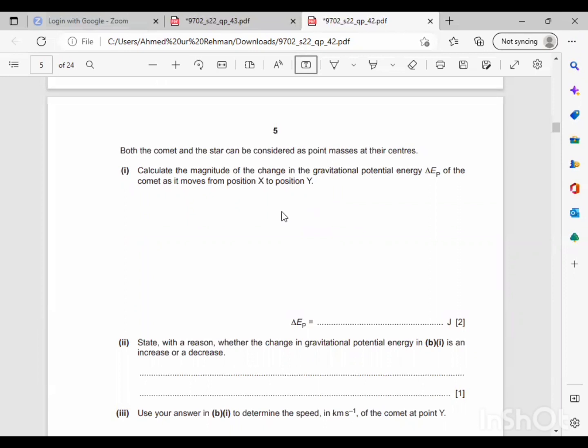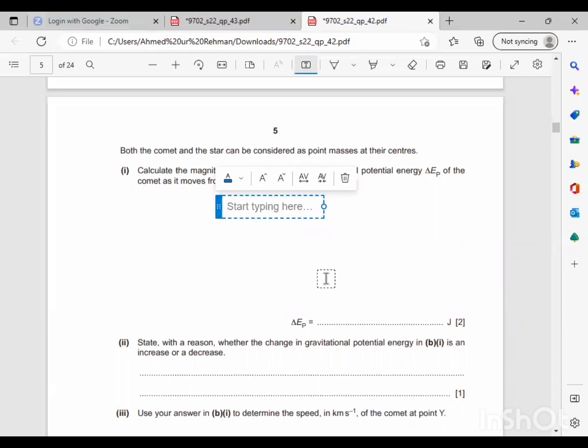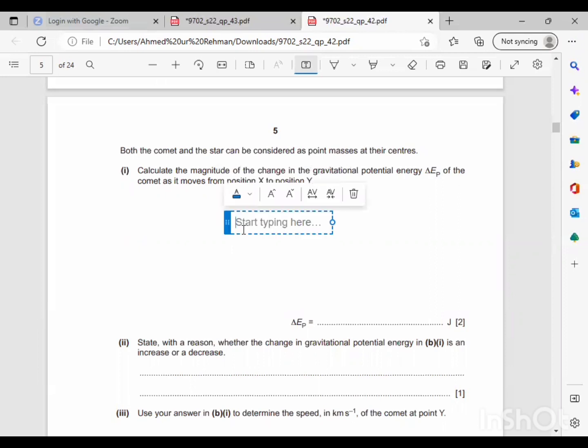Calculate the magnitude of the change in the gravitational potential energy of the comet as it moves from position X to Y. So if we talk about this, we know that for the change in potential energy, we're going to subtract the potentials at point X and point Y, right? So if I do that, I get minus GMm upon r, minus, and then another minus to it, minus GMm upon r.